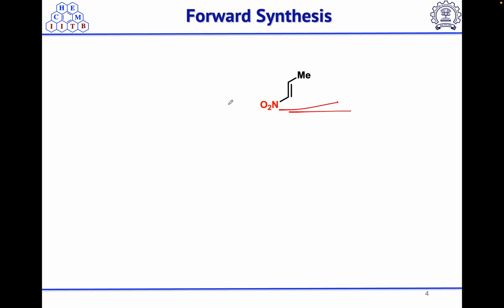Okay, I will give one clue. You can think about, instead of nitro, an alpha beta unsaturated ketone or aldehyde. That is a very easy reaction from 10 plus 2. We read in 10 plus 2 how to get this alpha beta unsaturated aldehyde or ketone.